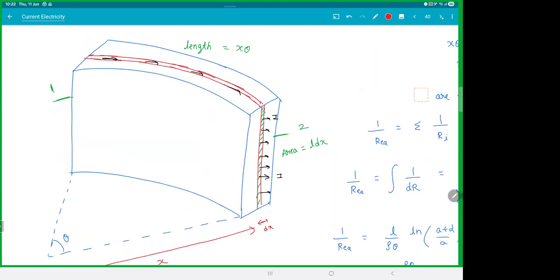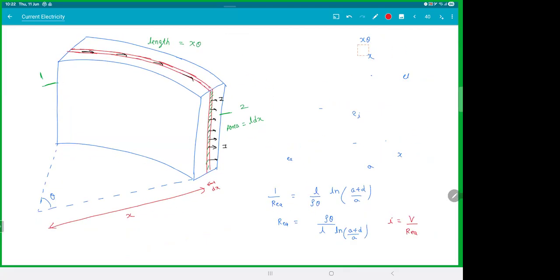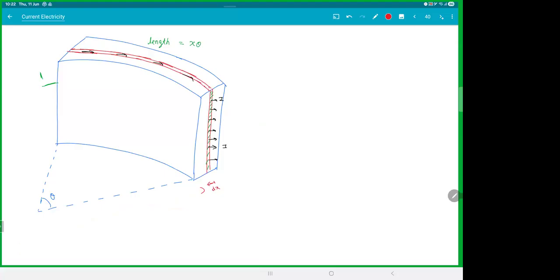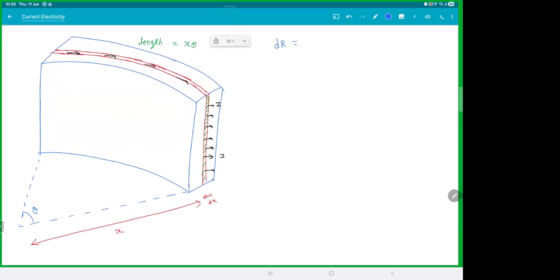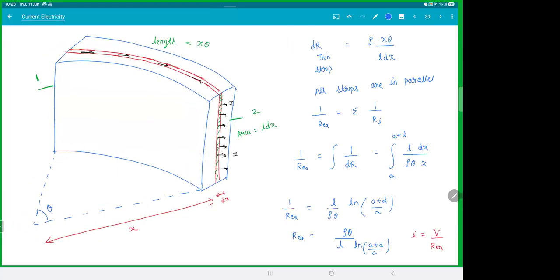Look at this. This actually leads to something really interesting. So when you take this thin strip, we already got dr, that is the resistance of this thin strip. How much was that? dr was rho x theta by L dx.